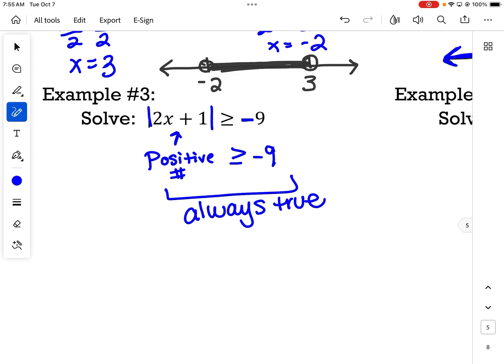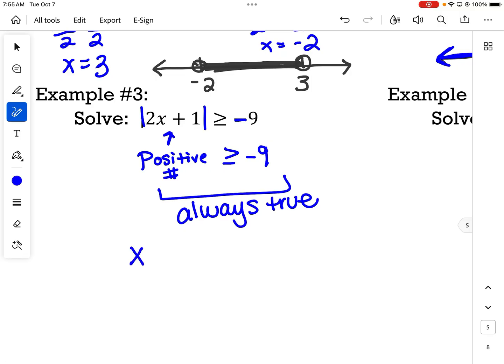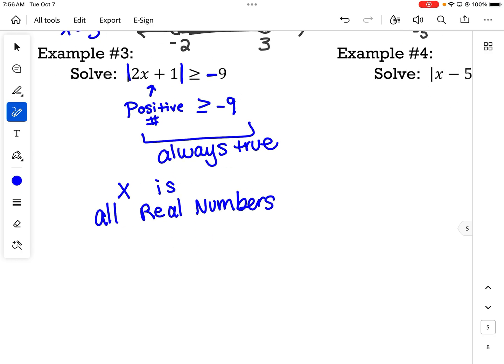So when it's always true, our answer is not no solution. It's all real numbers. It's every number. X can be all real numbers. Any number you plug in for x will work. So remember the R with the extra line on it? All real numbers. From negative infinity to positive infinity.